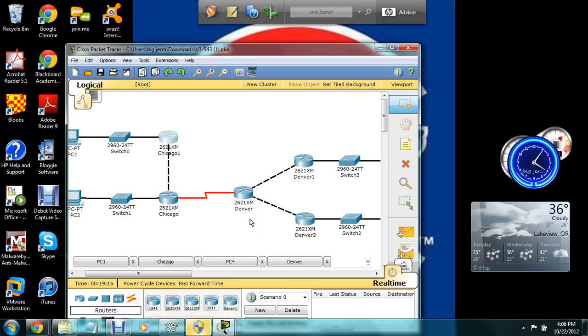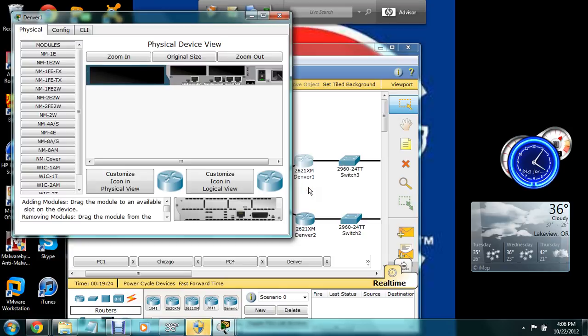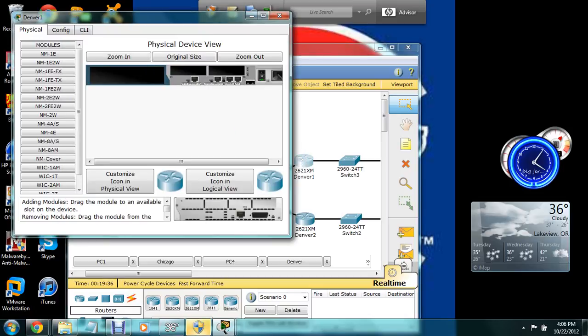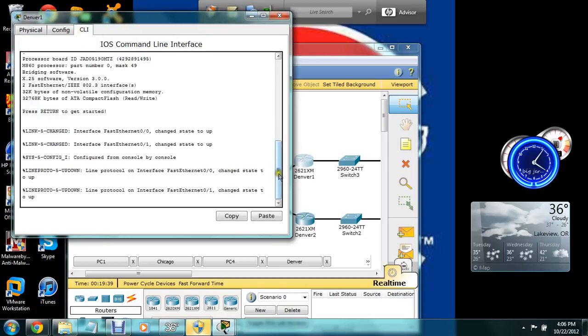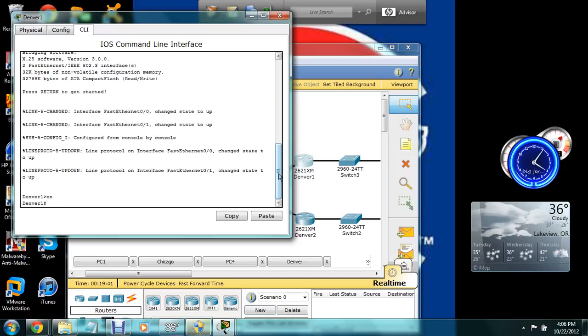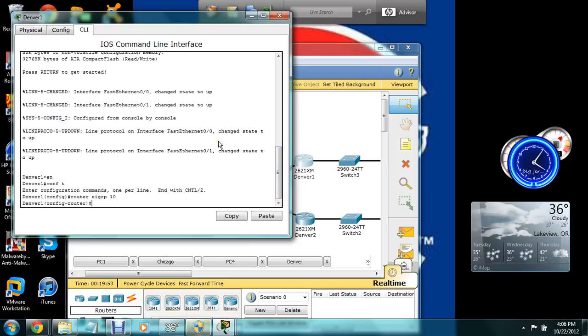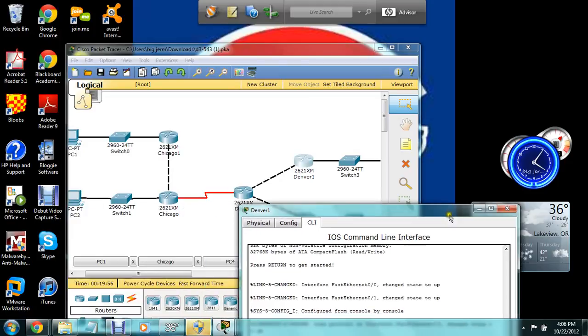Okay, so now I want to go to our Denver 1 and try to set up our Denver router here. So we're going to go to Denver 1 and our CLI. This might be a little faster because I kind of figured it out now. So go to enable, router EIGRP 10. Okay, and then we're going to set up our network.